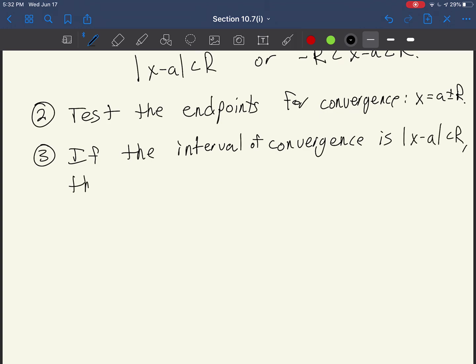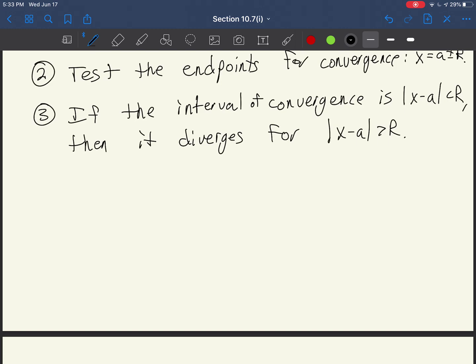If the interval of convergence is the absolute value of x minus a is less than r, then we know that the series diverges elsewhere. It diverges for the absolute value of x minus a is bigger than r, and we know that by the nth term test for divergence.